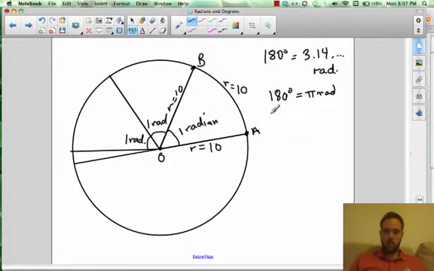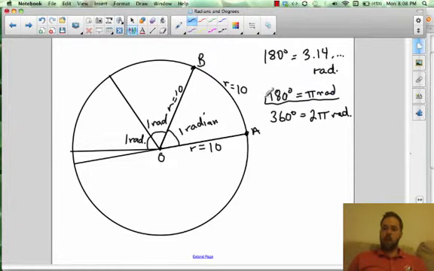That would mean that if we doubled both of them, for a full circle, 360 degrees would be exactly 2 pi radians. Software's having trouble keeping up with me here. Okay, so 180 degrees is exactly pi, exactly 3.14 radians.